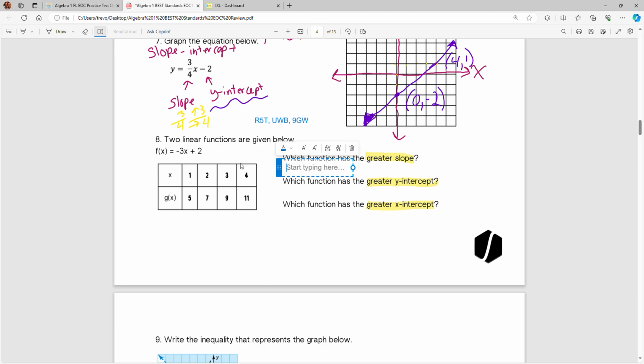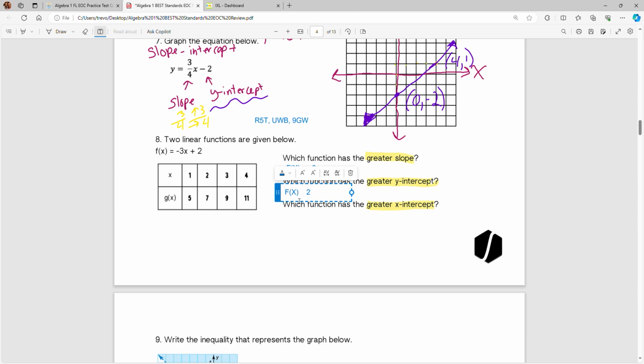So I can start right away. My f of x is in slope-intercept form, so I already know my slope and y-intercept here. My slope for f of x is -3, and my y-intercept is +2 for f of x.